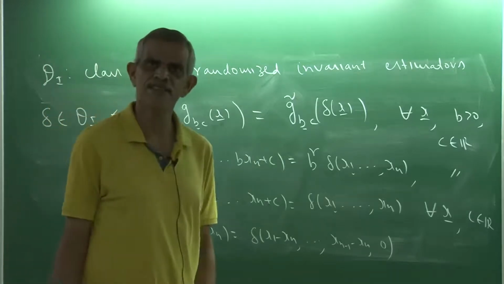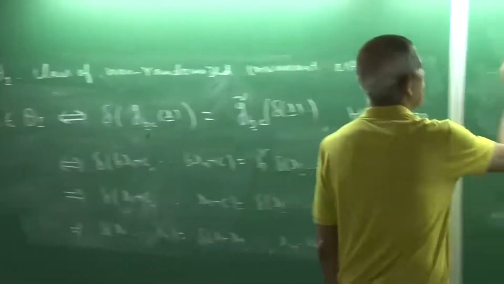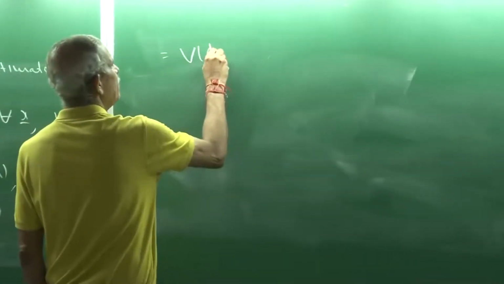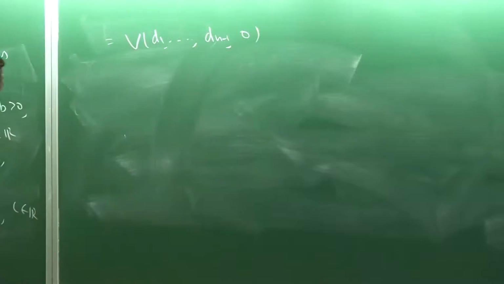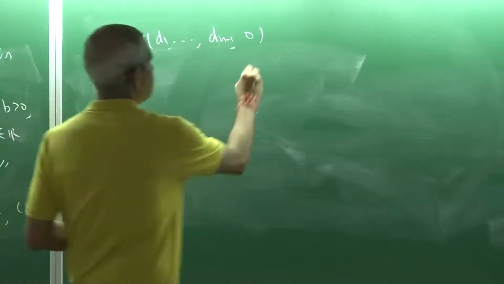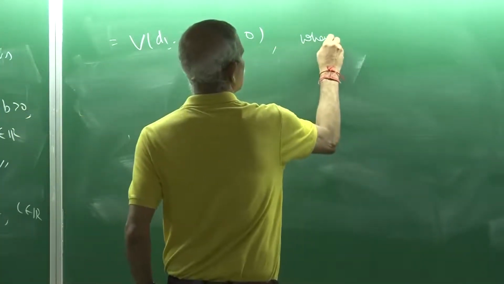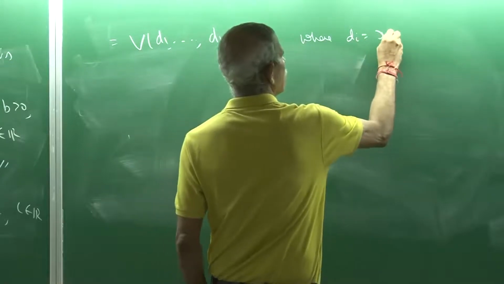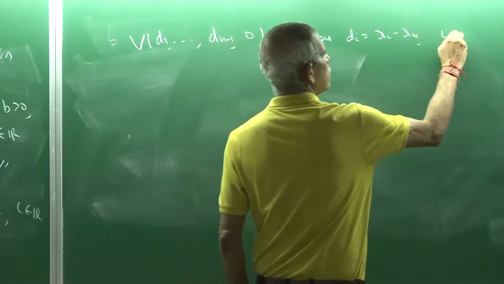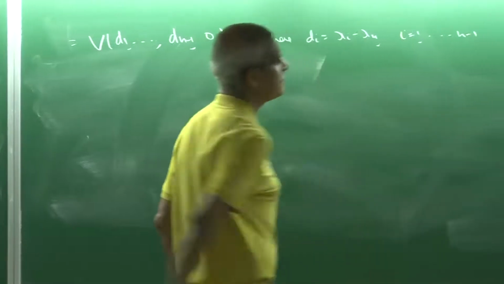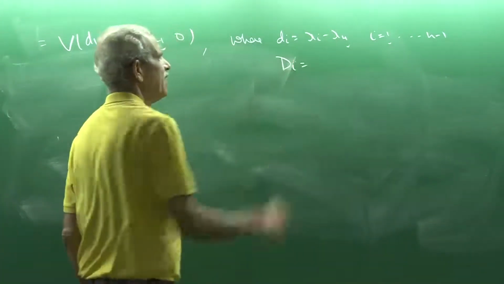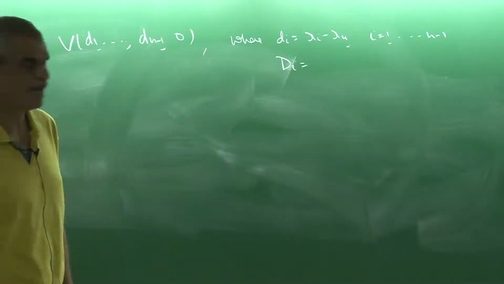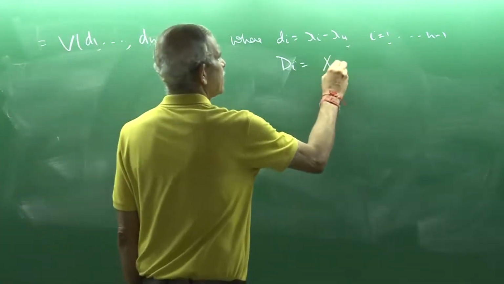I can call them d1, d2, ..., dn minus 1. So let me call this as v of d1, d2, ..., dn minus 1, 0, where I'll define the corresponding random variables by capital Di, which is nothing but Xi minus Xn.